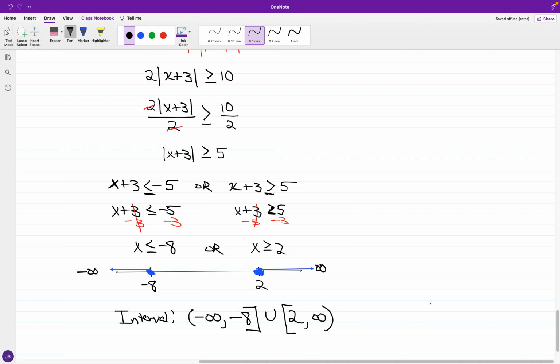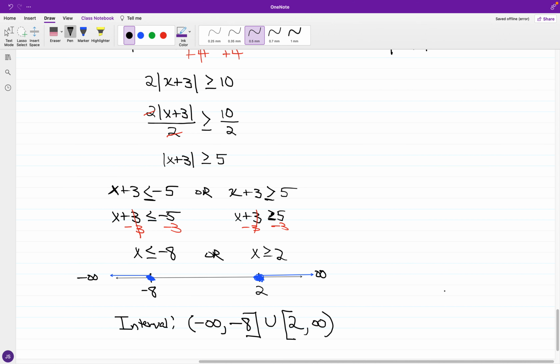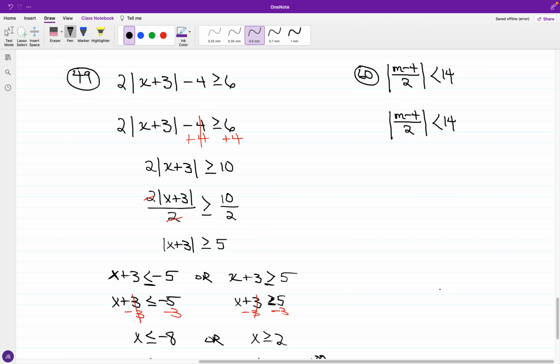Now, for what we have in the case of number 60, you have the absolute value of a fraction. You have m minus 4 over 2, all inside the absolute value notation. And this term is said to be less than 14. So this is a case where we have a different letter than x and the expression is in the form of a fraction.